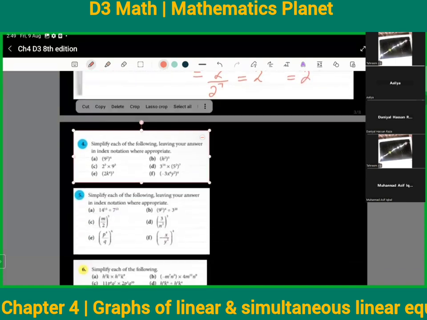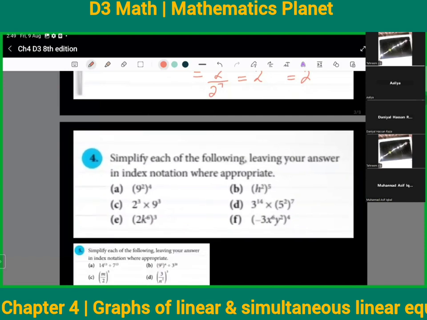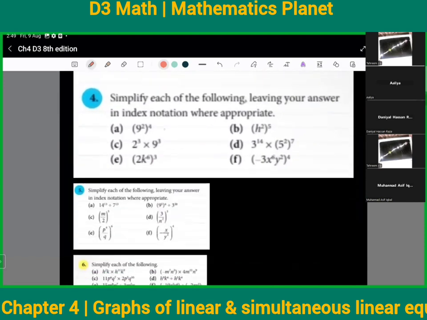Yes, Daniel. 9 to the power 8. Alia. By the power of 10. Mohanad.